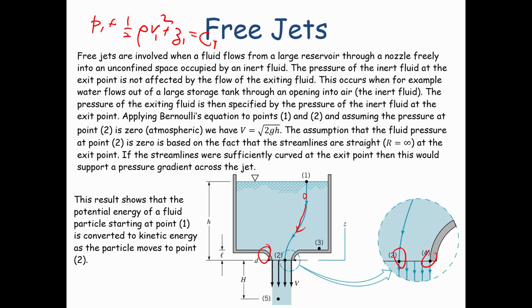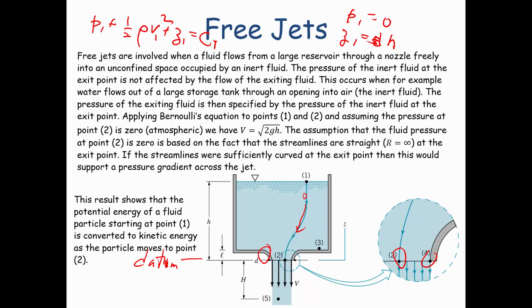Well, in here, if we're using gauge pressure, the pressure at point 1 is equal to 0. This is atmospheric pressure. The elevation at point 1, if we use point 2 as our datum, our reference point, Z1 will be equal to H. It's the height that the water surface is above the outlet.